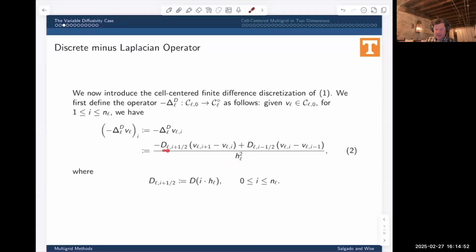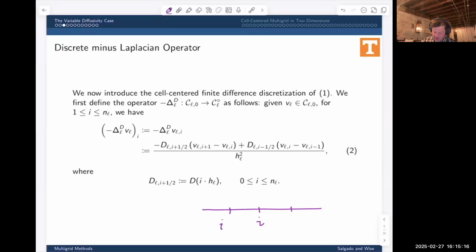We're going to multiply this diffusion coefficient times the difference, and then subtract from that the diffusion coefficient times the difference. All right, so what this looks like on a grid is we're trying to approximate things at the point I, say. And remember, I here references a cell center.